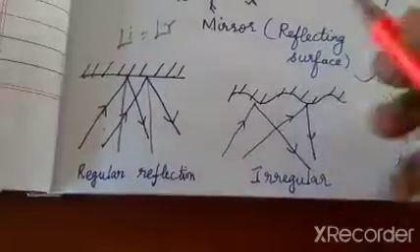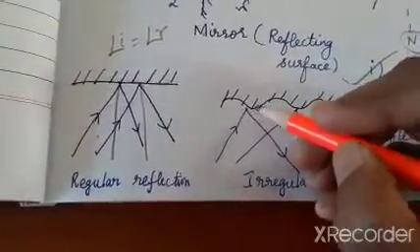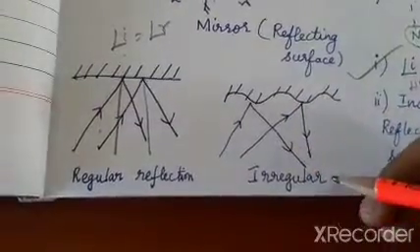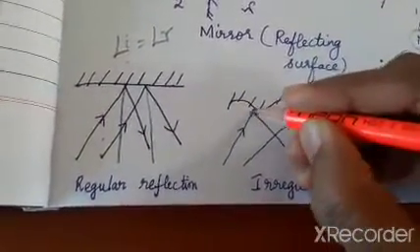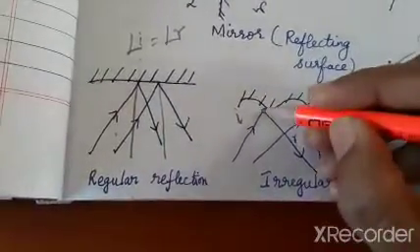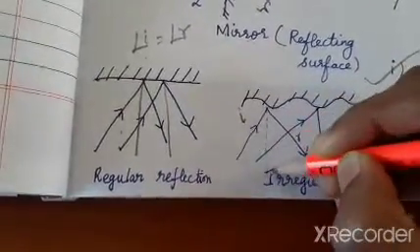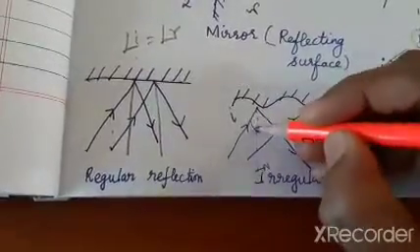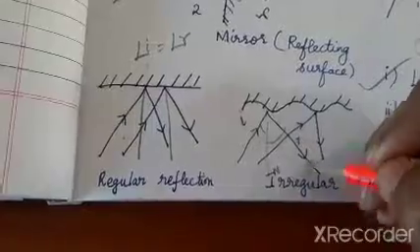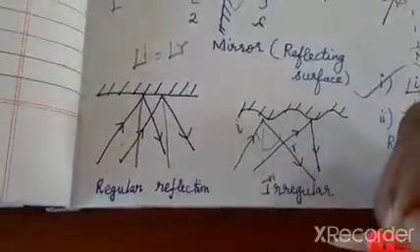See this. Is the law of reflection, that is angle i equal to angle r, proved in this case? Let us see. This is an incident ray, this is the reflected ray of it. I am drawing a normal and measuring the angles. They are not the same, they vary.